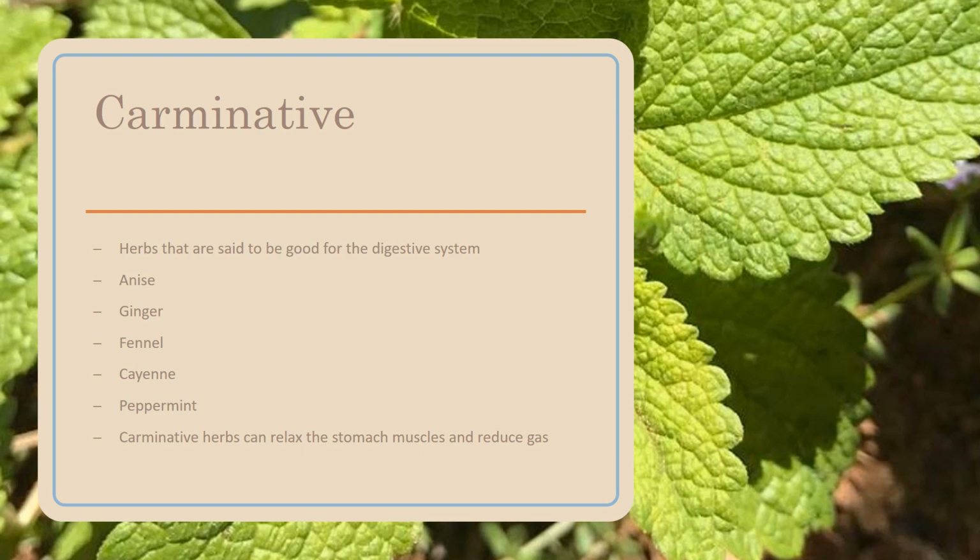They're aromatic, which means a lot of them have a very strong smell. And it's very interesting that you'll find a lot of carminative herbs that are used in cooking. As far as ginger, you can use it in your food, and cayenne as well, as part of your food.